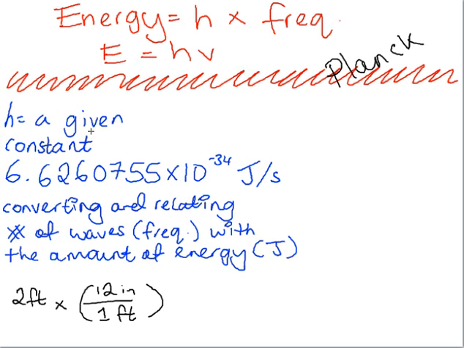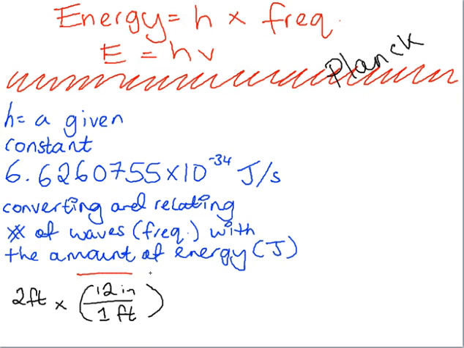Okay, and this constant, this is an important equation, by the way. This constant, it's right here. They'll give it to you. Don't worry about memorizing it. He came up with it to convert and relate the number of waves, which is frequency, with the amount of energy. Like, you know how, for example, we have a constant to convert feet into inches.